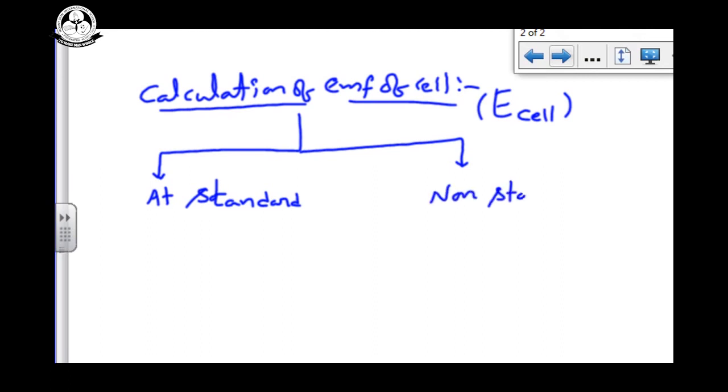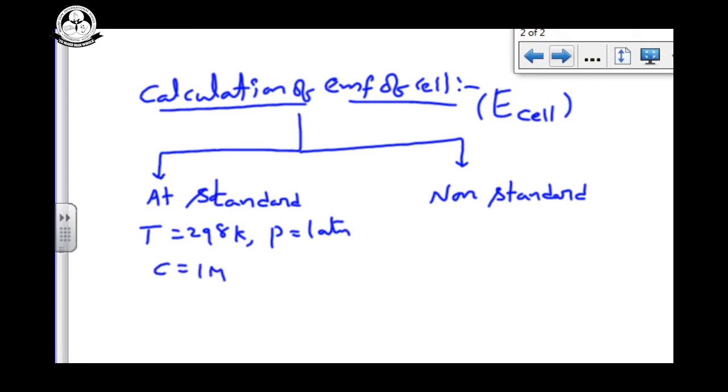Standard conditions mean temperature must be 298 Kelvin, pressure must be 1 atmosphere, and concentration must be 1 molar.